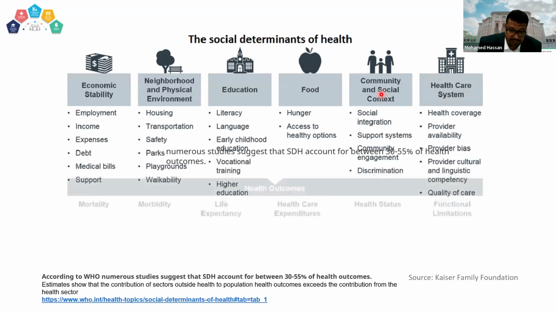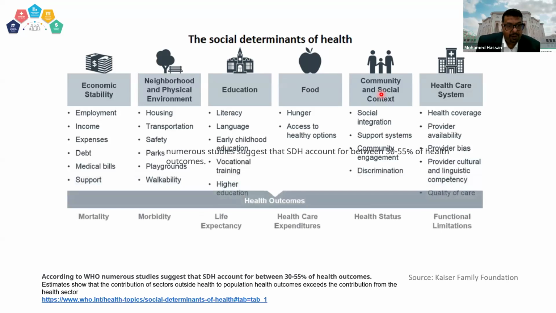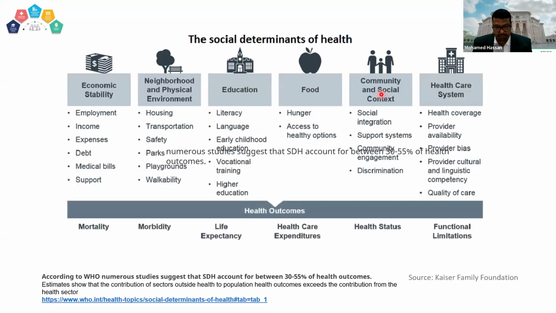As can be seen on this screen, all these factors together have an impact on health outcomes. And these outcomes include mortality, morbidity, life expectancy, healthcare expenditure, health status, and functional limitations.